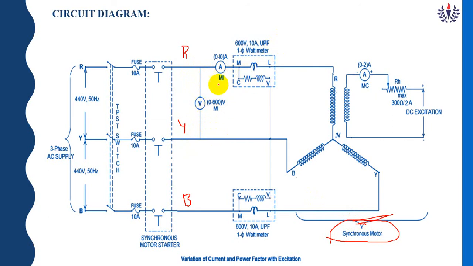So I need a voltmeter, ammeter and wattmeter. The voltmeter is connected between the phases, of range 0 to 500 or 600 volts, and an ammeter of 0 to 10 amps is required. Both are AC.